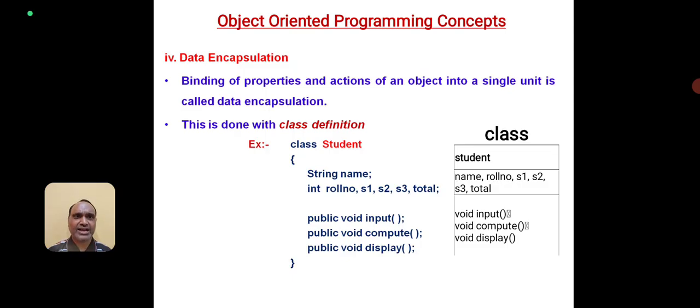So the class will combine the variables and its associated methods inside one unit called class. This concept is called data encapsulation. Binding of variables and methods into a single unit is called data encapsulation, and it is achieved using the class definition.